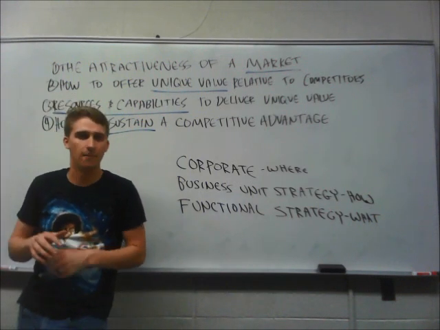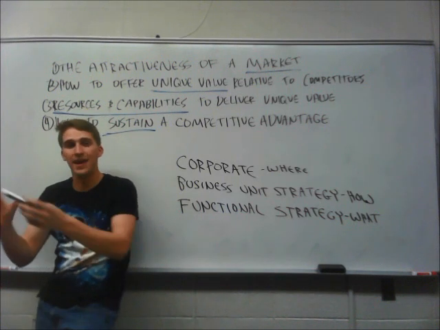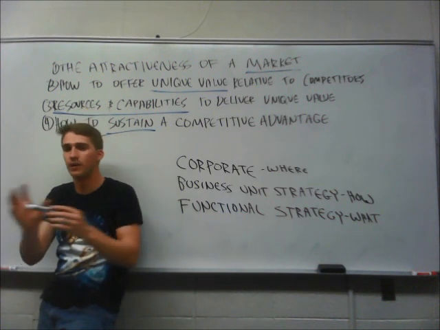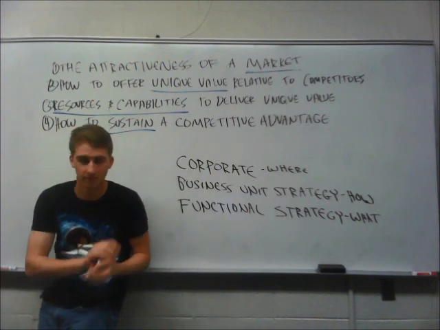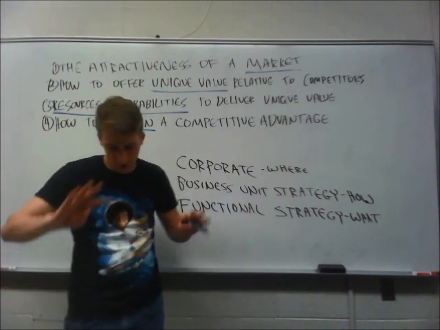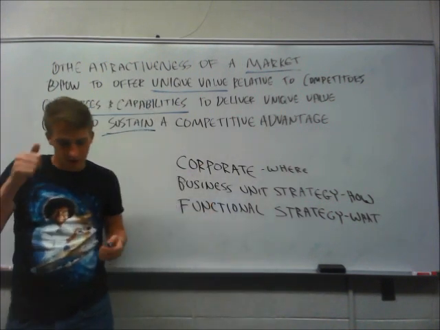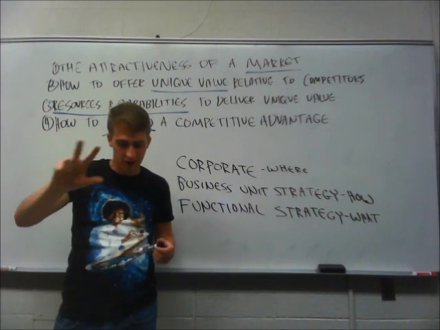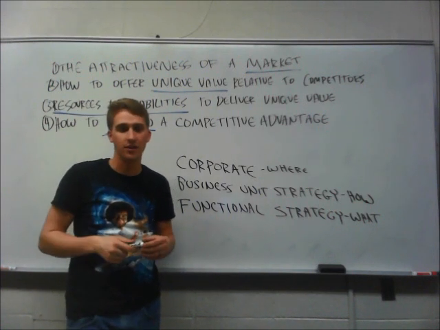So if you're in a company, it might be cheaper to make an aspect yourself, but it also might be cheaper to just buy it from someone else. So those are the four strategic vehicles: diversify, acquisition, strategic alliance, and vertical integration.